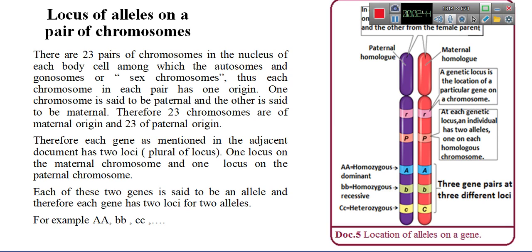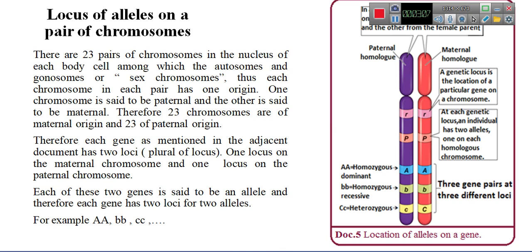When we talk about the locus of alleles on a pair of chromosomes, as you all know, we have 23 pairs of chromosomes in the nucleus of each body cell, among which we have the autosomes that carry body traits and the sex chromosomes which carry our traits relevant to sex. Thus, each chromosome in every single pair has 1 origin.